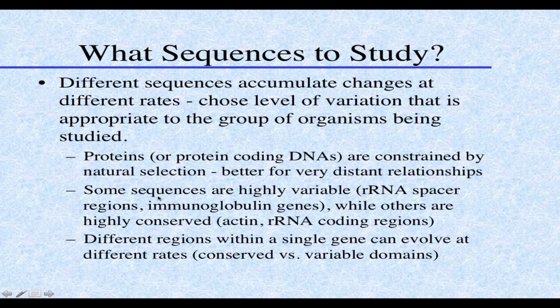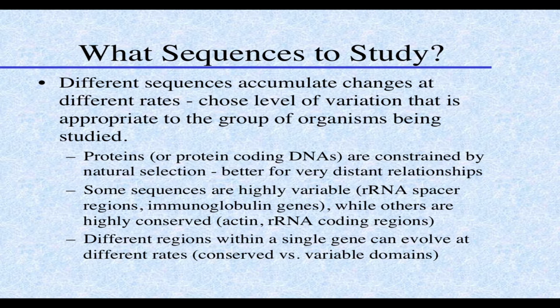I'm going to interject here for a moment that it matters what sequences you choose. I've already said that you can only build a tree from homologous sequences, right? You have to have the same sequence. It codes for the same thing, be it a protein or something else.